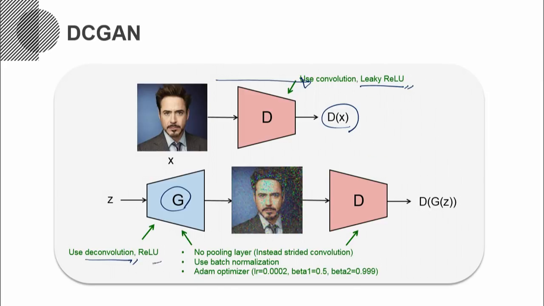Also at the end of the convolution layer, we put a nonlinear unit of ReLU. Interestingly, they designed their network so that they have no pooling layer. And they also used batch normalization and a variant of optimizer called Adam. That way they generated these fake but realistic looking images.